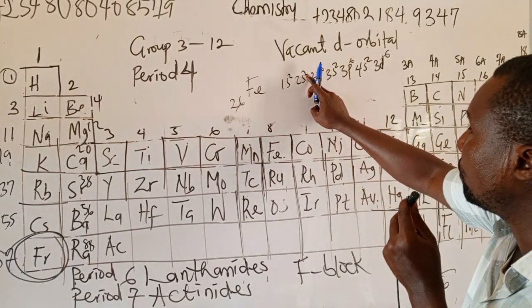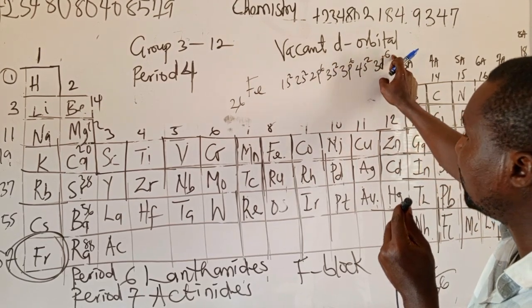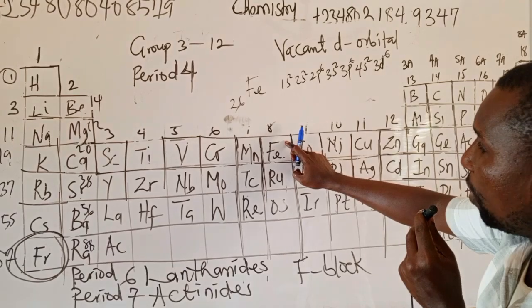That is 2 plus 2, 4, 10, 12, 18, 20, 26. And it has an atomic number of 26.